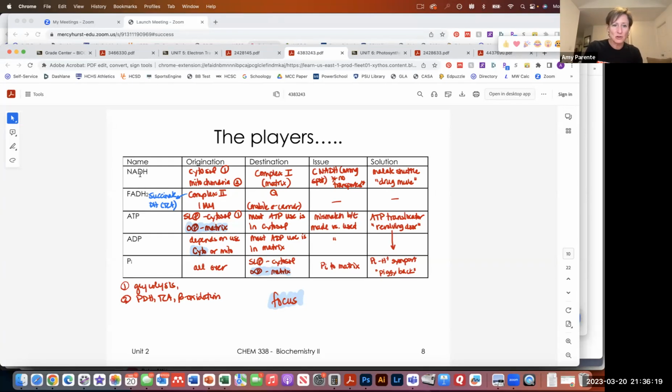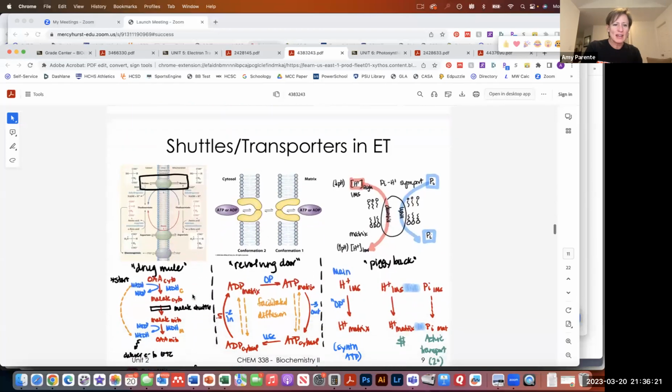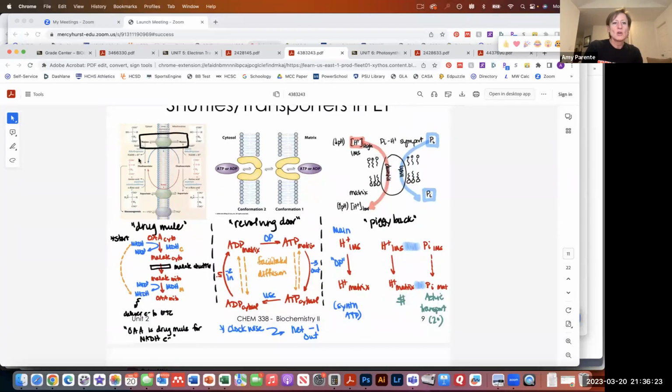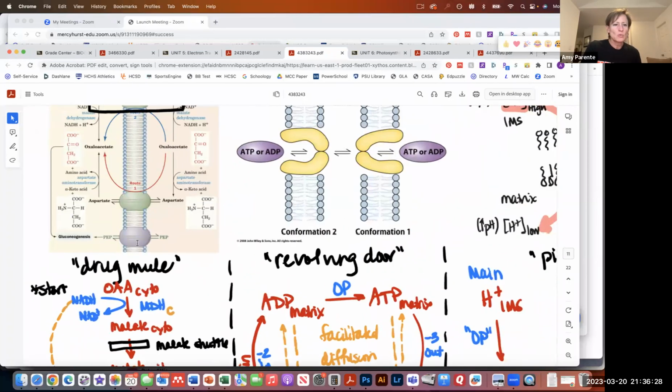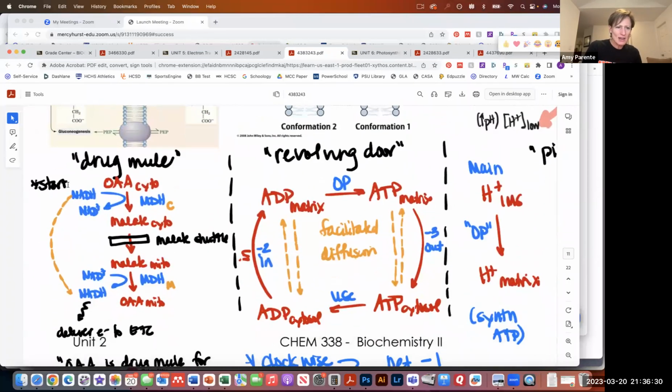So let's take this guy first. NADH, we do not have a transporter for NADH, but what we can do, let me zoom in here because it's kind of small, is take the electrons from NADH and pack them onto oxaloacetate. So we oxidize NADH, it gives up its electrons, and oxaloacetate becomes malate; it becomes reduced. We can think about the cargo really being the electrons. So what we're doing is hiding our electrons by converting oxaloacetate to malate.